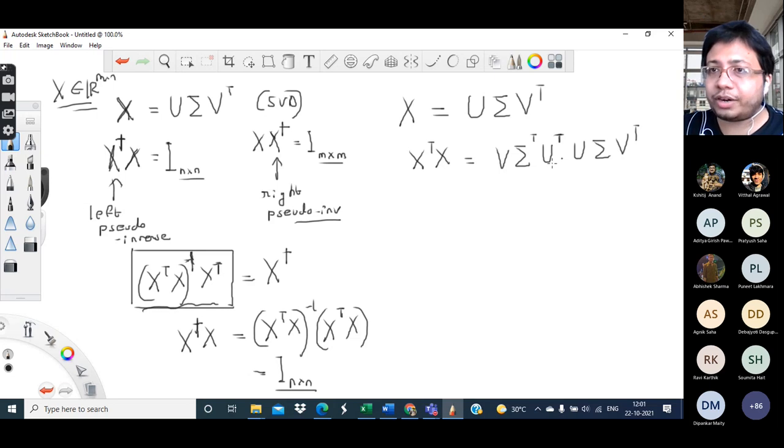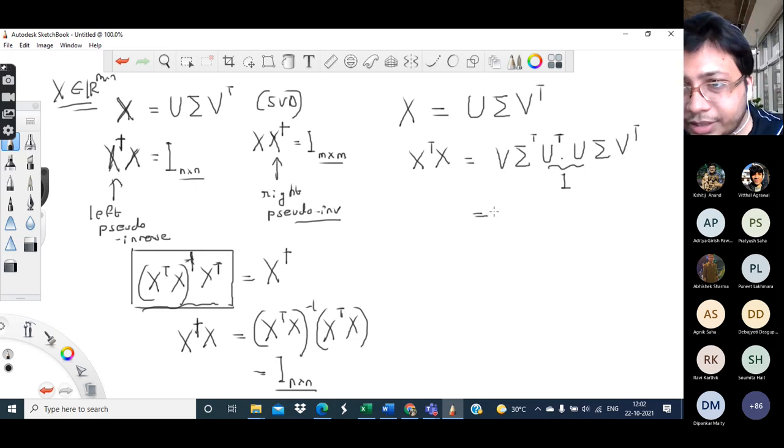Because U and V are both orthogonal, U transpose U has got to be the identity matrix. So what I get is V sigma transpose sigma V transpose.